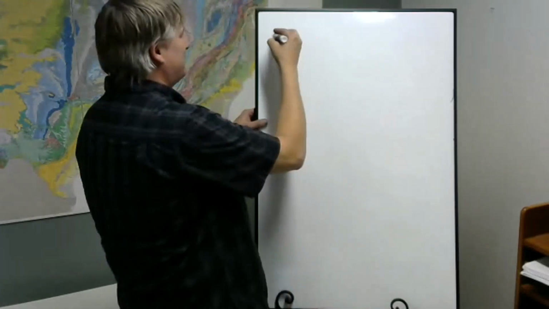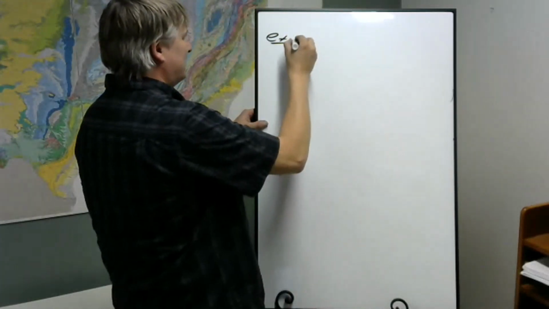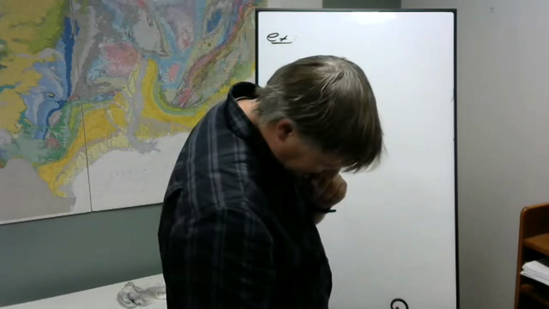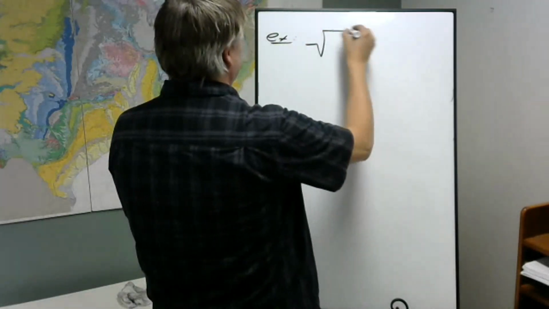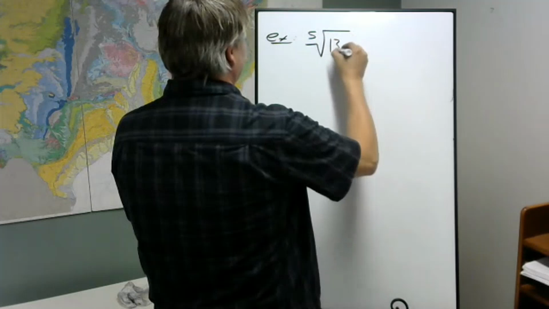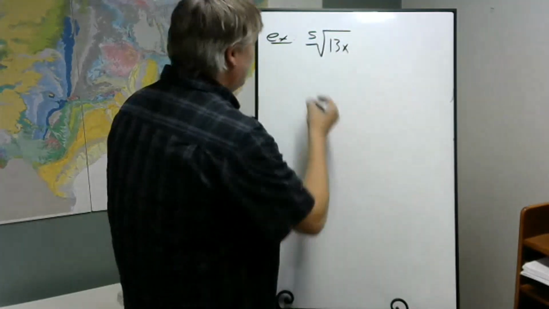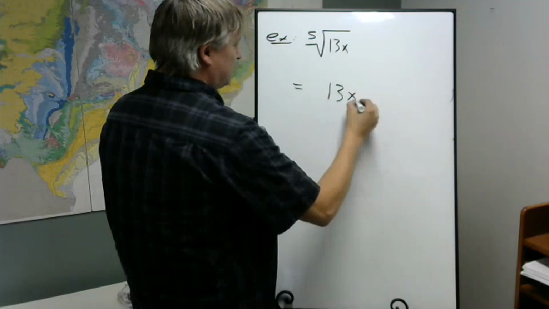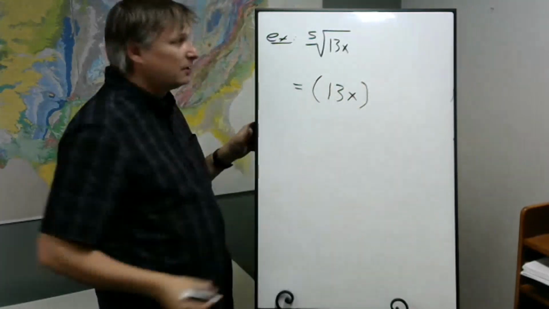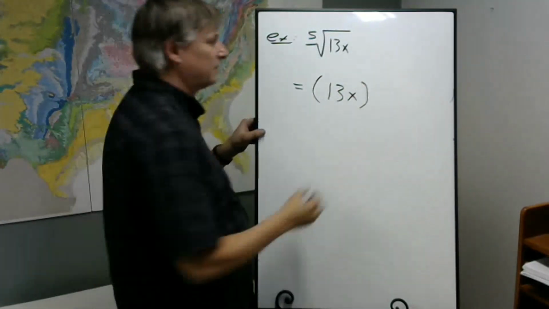If we have something like this, well, again, we can write this as 13x, all of which has an exponent of 1/5.